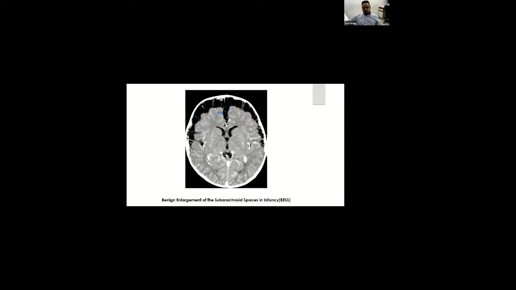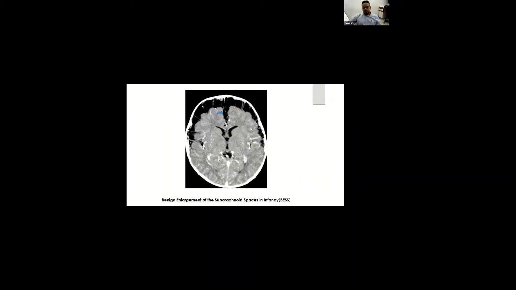It's fairly common in infants, and one question may arise: how do we differentiate it from subdural hygroma? In cases of BESS, we see these prominent veins, which we don't see in cases of subdural hygroma. So this is how we differentiate it, and plus it's quite common in infancy.